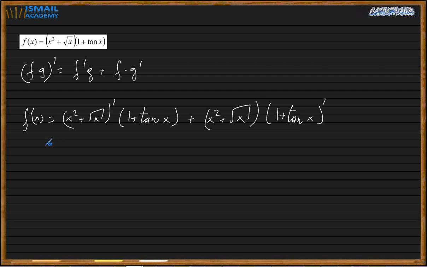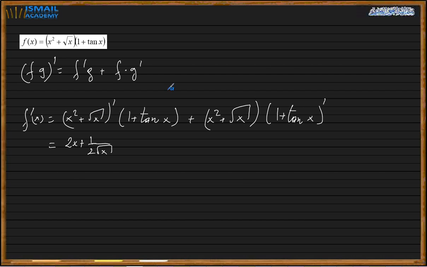So here is just a simple derivative. Here is 2x. I forgot the x here. So it's 2x plus 1 over 2 square root of x.